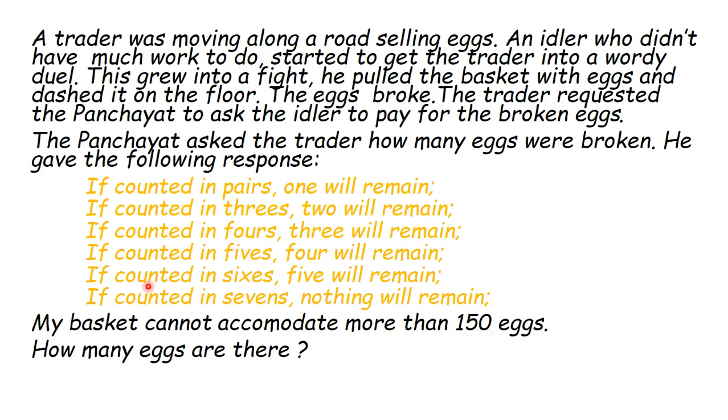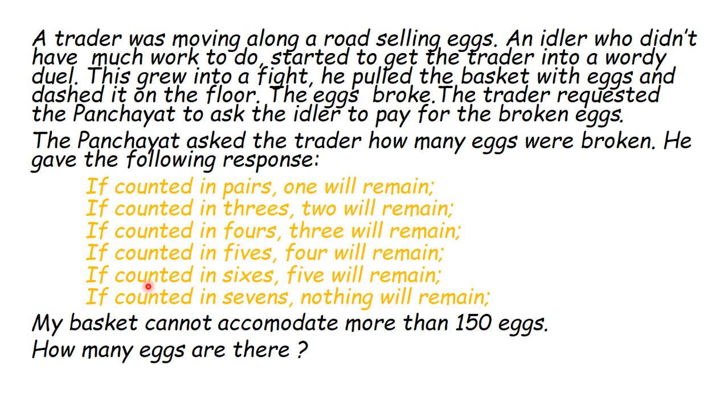Now in that basket we certainly know that the eggs cannot be more than 150. So the eggs will definitely be 150 or less. Now you will start thinking how many eggs there will be.